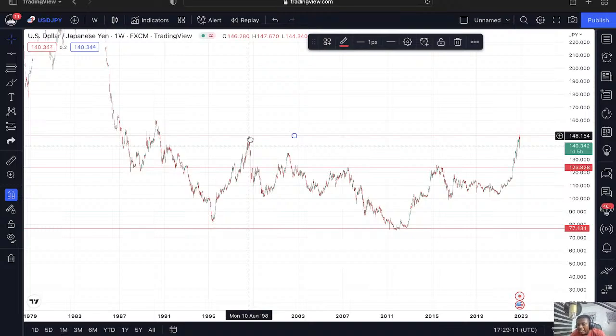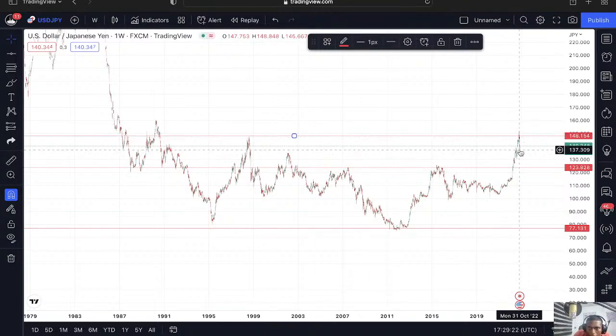This is a level that has last been touched since 1998, and currently we are now at that level.